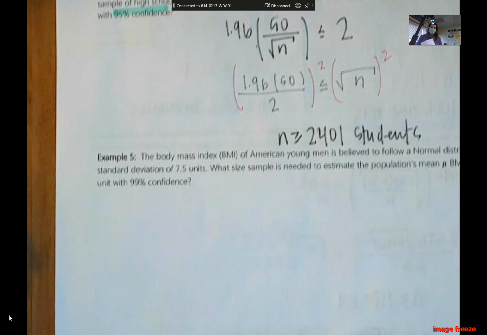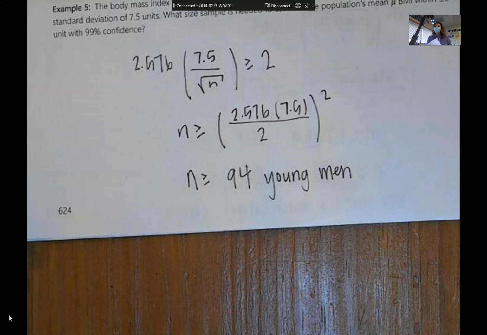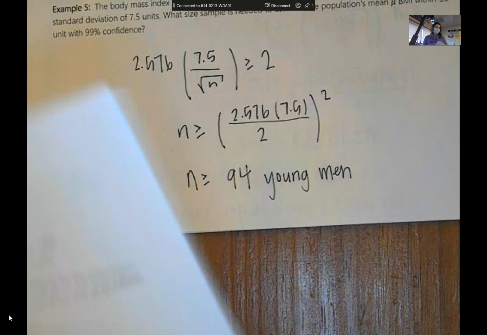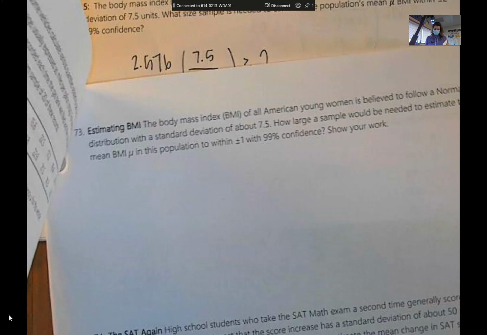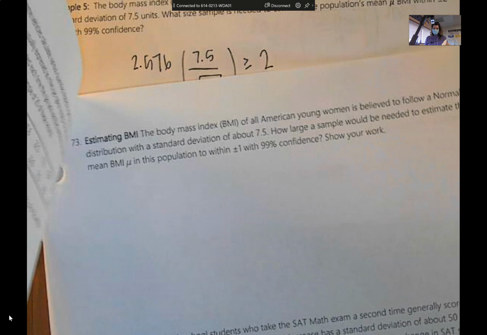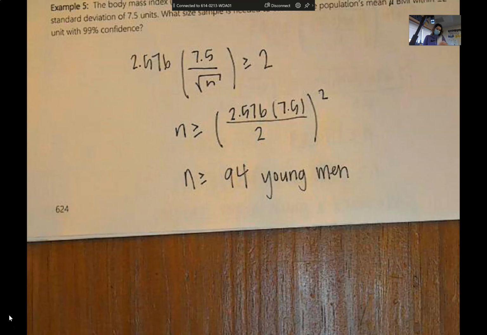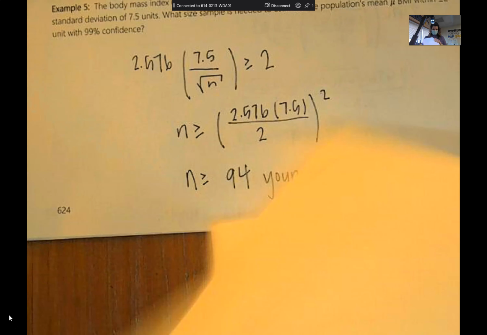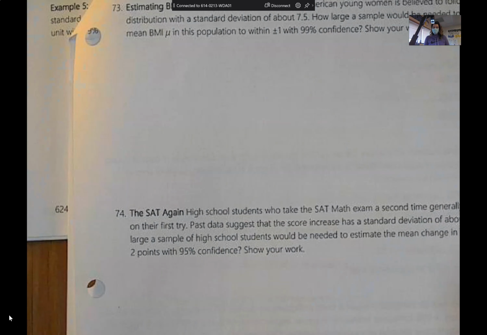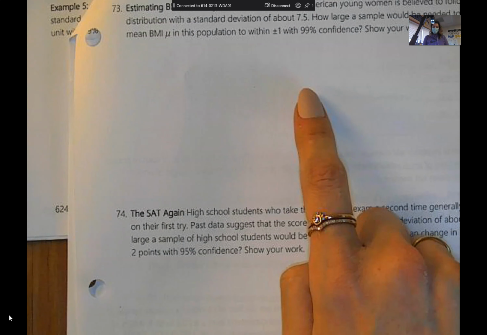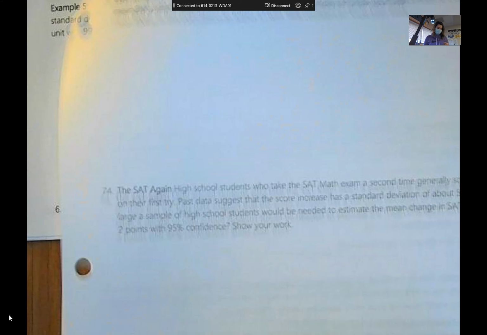Okay, I got 94 young men. What'd you guys get? Same thing? Okay, on 63 then. No, we did not. We did both of these. Right? The body mass index, oh, this one's young women. Oh, it's slightly different. Okay, so we did the SAT.